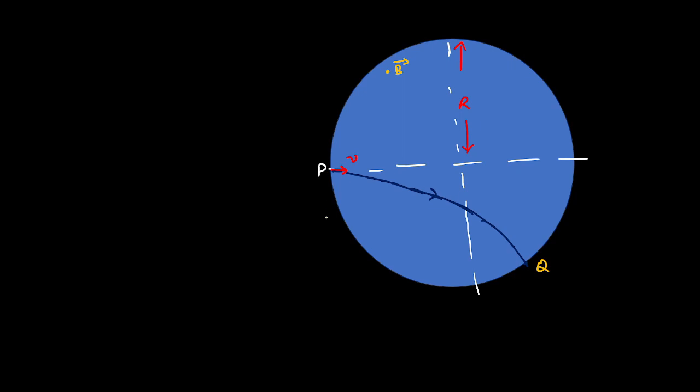So mv by qB is the radius r dash. So we can expect the Lorentz force will be acting exactly perpendicular to the velocity vector. So here the velocity vector will be exactly like this. So I'm just taking two lines which make 90 degrees with these velocity vectors. Here it is just a velocity vector like this at Q, and you know that the speed remains the same, it will only change the direction.